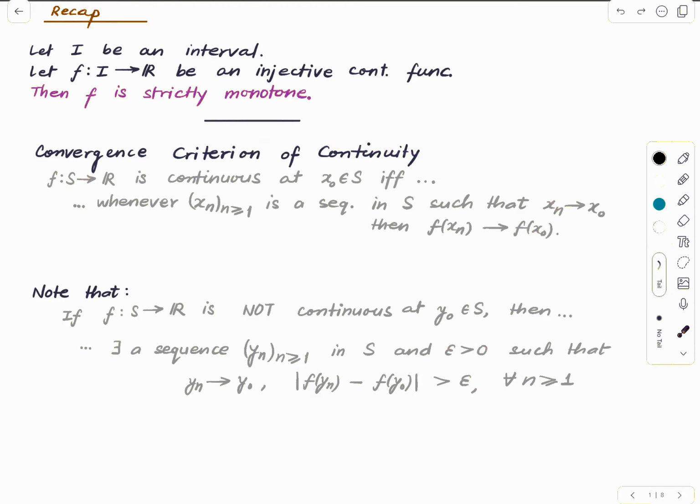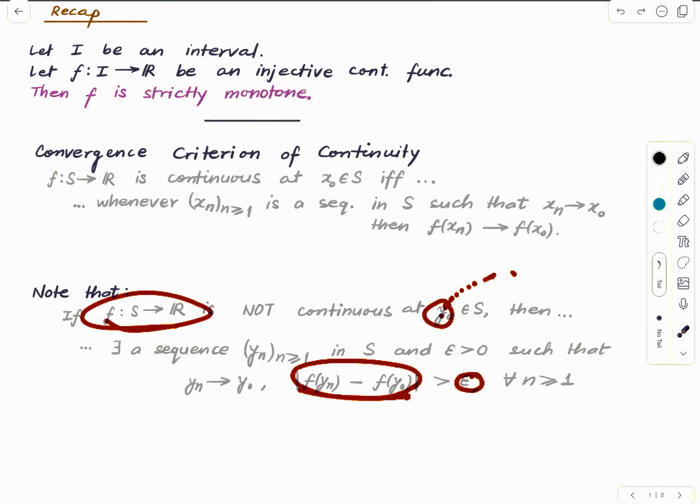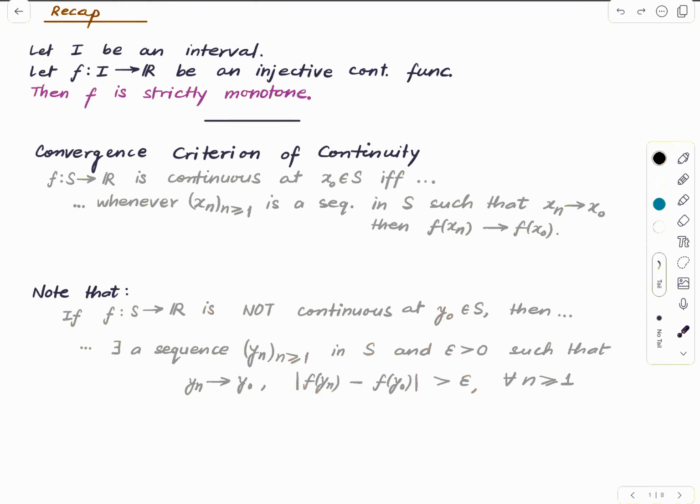Why can you deduce that? If this function is not continuous at y naught, then there must be a sequence of points in S which converges to y naught, but the image sequence does not converge to f of y naught, which means that there is some epsilon for which this thing is not bounded by epsilon frequently, meaning this happens frequently. However, in this statement I've written for all, I haven't written frequently. Doesn't matter.